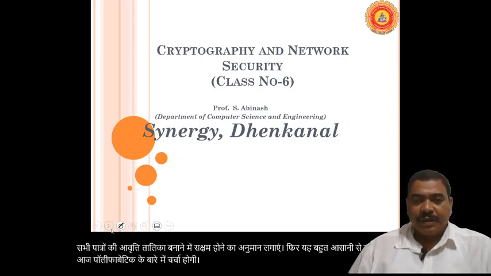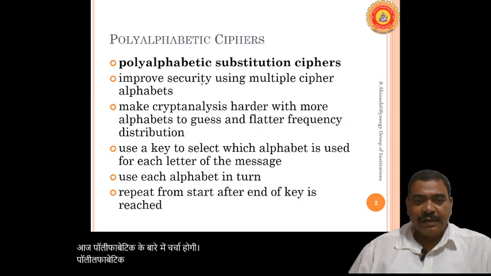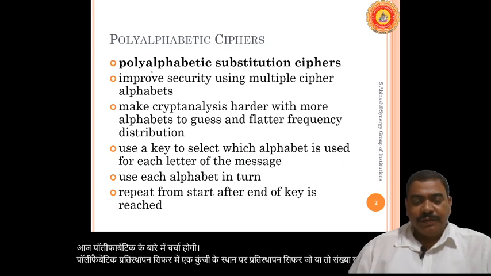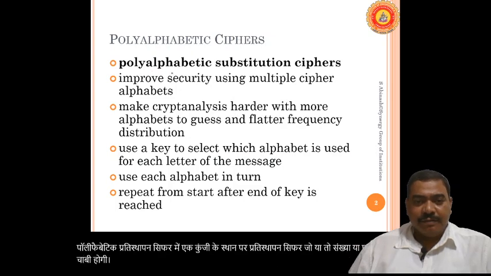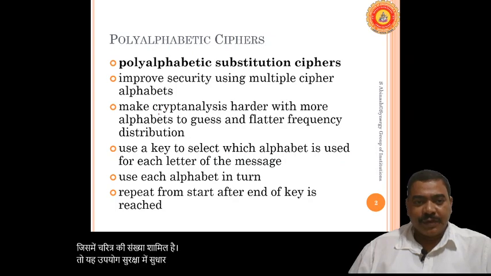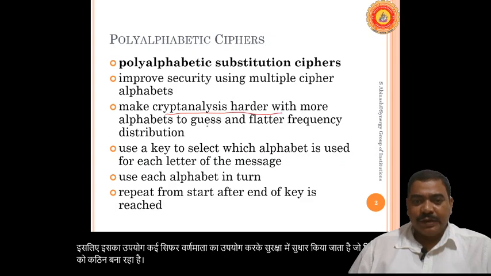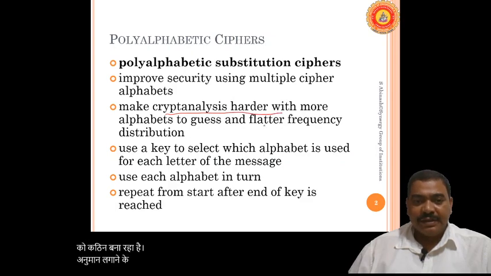substitution cipher. In polyalphabetic substitution cipher, in place of a key that is either a number or one character, the key will consist of a number of characters. It is used to improve security using multiple cipher alphabets, which makes cryptanalysis harder with more alphabets to guess and a flatter frequency distribution.